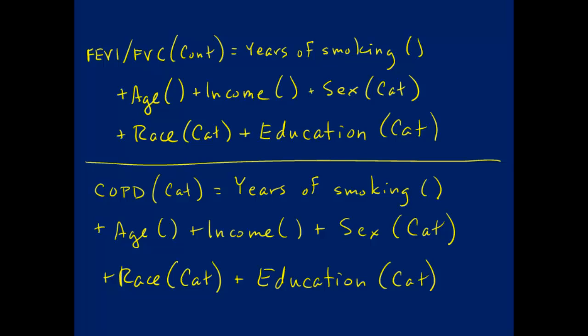So the last thing we need to do here is just to update our shorthand version for our models, incorporating the decisions that we made about the continuous variables. I decided for the smoking variable that I was going to use a continuous measure.